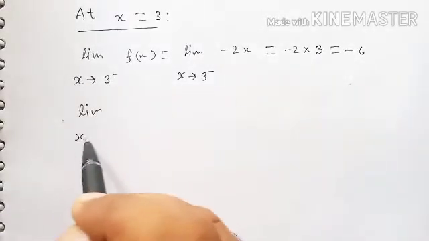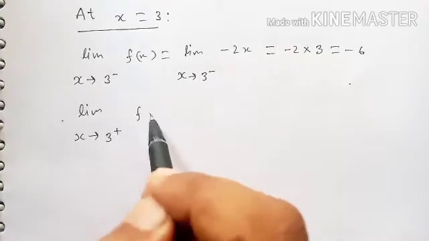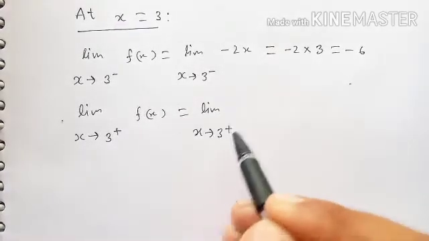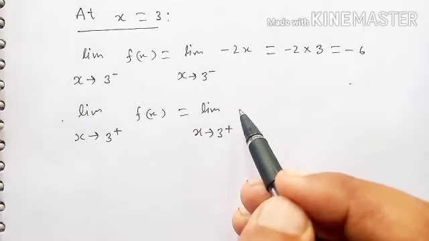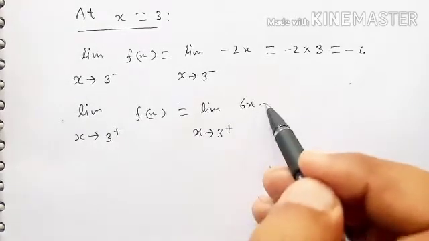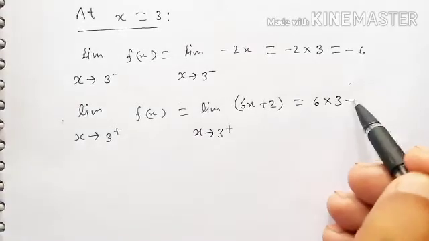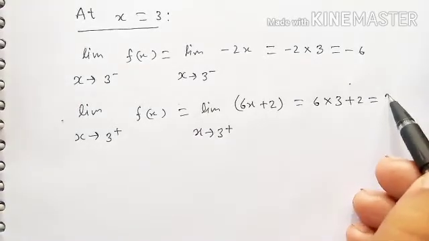Limit as x tends to 3 plus of f(x). When x is greater than 3, f(x) is 6x plus 2. So 6 into 3 plus 2, this is 20.